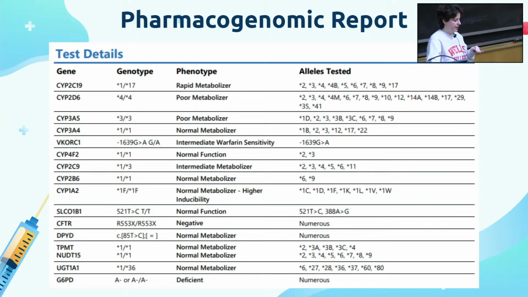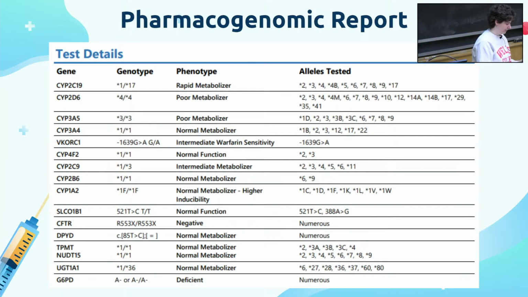If CYP2D6 comes back as intermediate, then you would dose reduce by 25%, provided that CYP2C19 doesn't result in a poor metabolizer or an ultra-rapid metabolizer. So that's where you get into the nitty-gritty of how your genotype fully creates your phenotype, and what that means in real life.